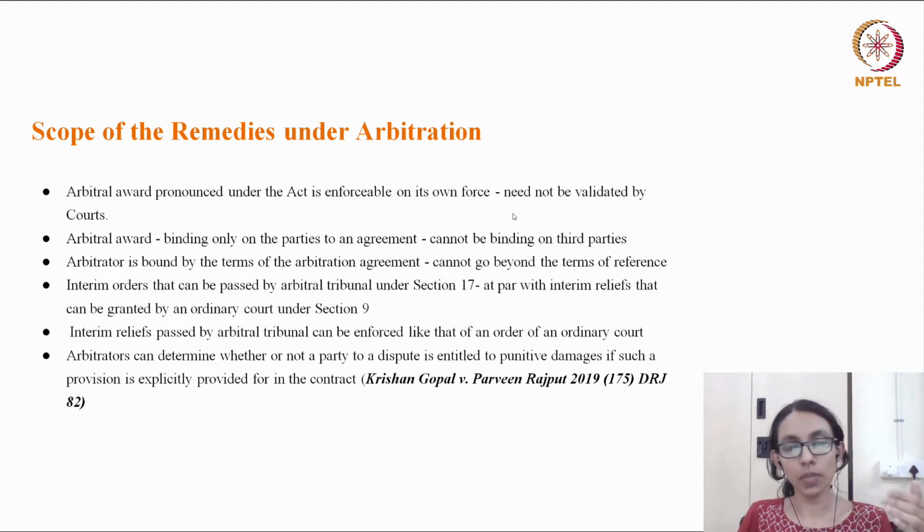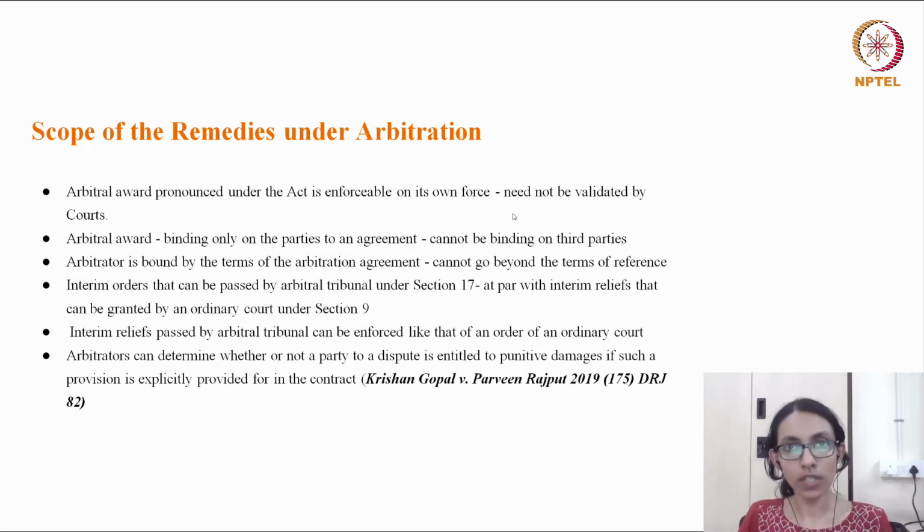Third aspect that needs to be borne in mind is that an arbitrator is strictly bound by the terms of the arbitration agreement. The procedure that has to be followed, the manner in which things are to be done, all of that is strictly to be done according to the terms of the arbitration agreement. He cannot go beyond the scope of the arbitration agreement.